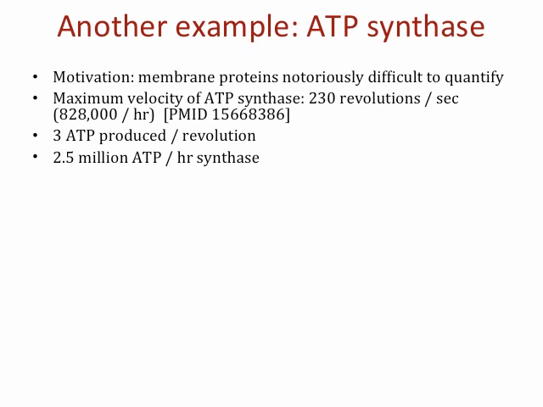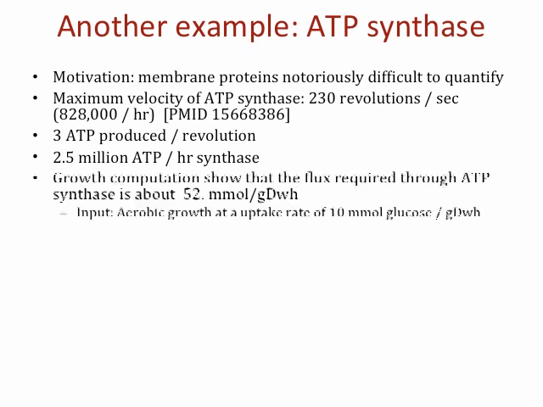Now, the computations or the estimates show here how many ATPs you need to make per gram dry weight. So that's 52 millimoles per gram dry weight. And we have an uptake rate of glucose under those conditions, aerobic growth conditions, of about 10 millimoles glucose per gram dry weight.